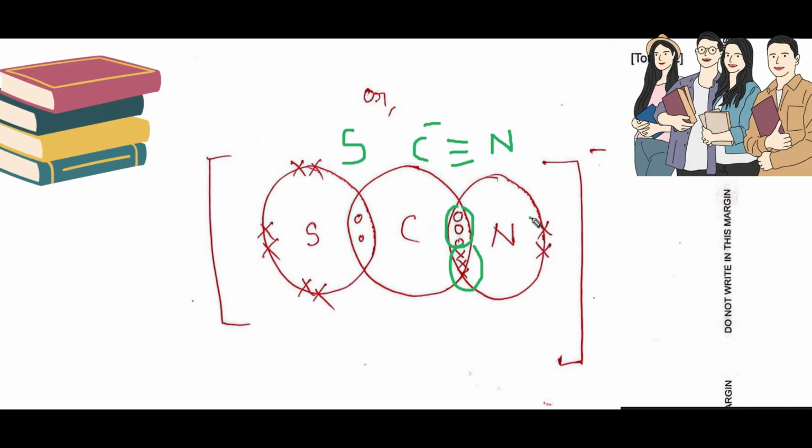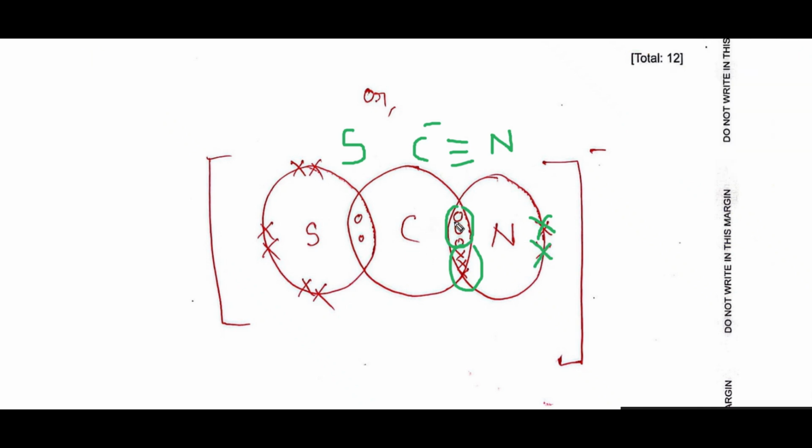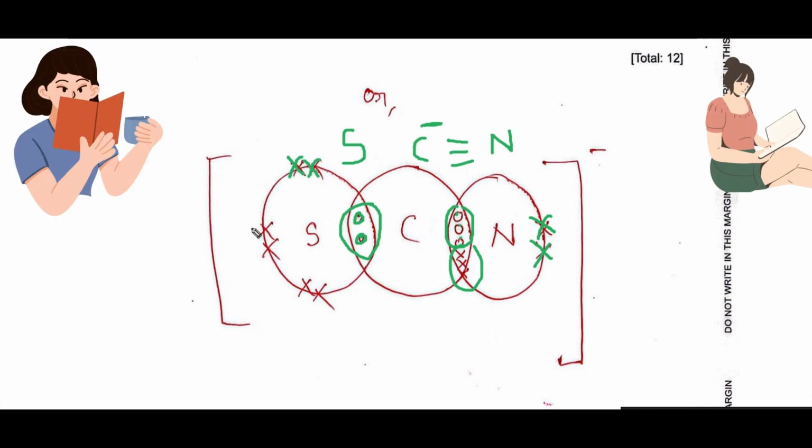So nitrogen has remaining 2 electrons as a lone pair. Carbon gives 3 electrons here, 1 electron is here, and minus 1 means 1 electron more, so 2 electrons. And this is a dative covalent bond. Sulfur is a group 6 element, so outer shell has 6 electrons, remaining 6 here.